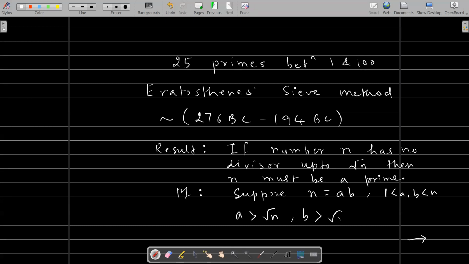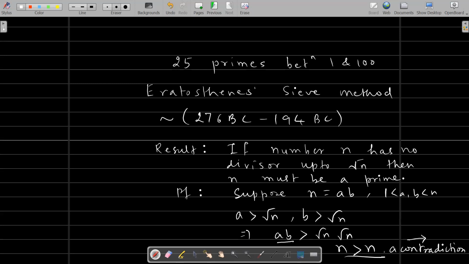B must be greater than root n, which implies the product AB must be greater than root n into root n. That is n, and we are saying n is AB. So I get n strictly greater than n. Is that a contradiction? A number can't be strictly greater than itself. Fine. So n can't be factored as some AB, where A and B are other than 1 and n. Which means n must be prime.